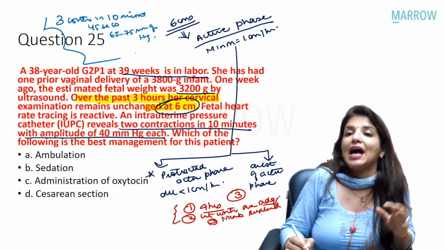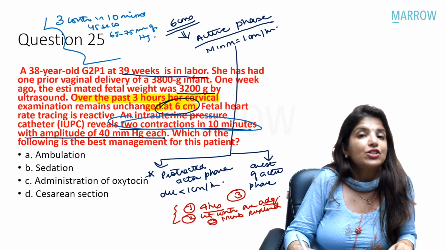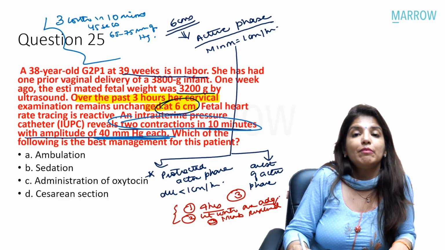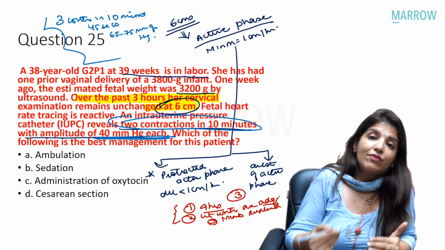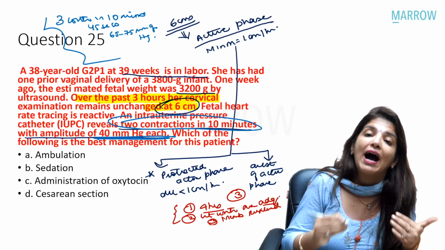Then you say it is adequate uterine contraction. This female is having 2 contractions in 10 minutes. They are not 3 contractions. Amplitude is 40 millimeters. It should have been 65 to 75. That means her uterine contractions are not adequate.